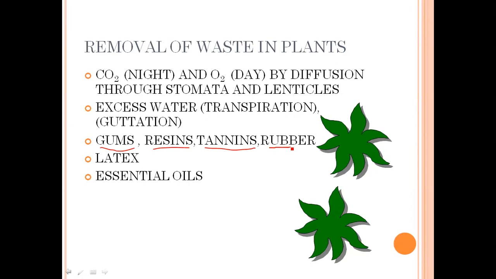Rubber, children, all of you know, has intensive use in the tire industry, and various other uses. Certain oils, like olive oil, eucalyptus oil and sandalwood oil, also have economic importance.